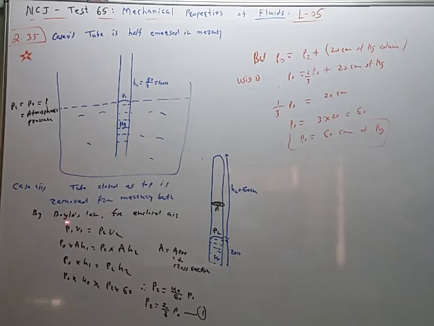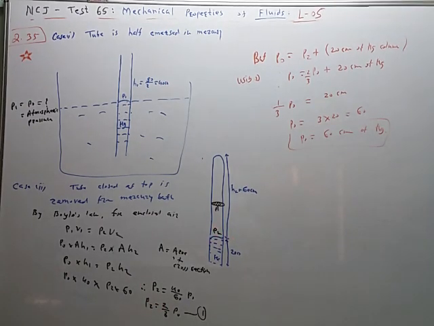Therefore, by Boyle's law, for enclosed air at constant temperature, P1 V1 is equal to P2 V2. Volume of the air column is given by area of the cylinder multiplied by height. Area will get cancelled, so P0 H1 is equal to P2 H2. H1 is equal to 40 centimeter, H2 is equal to 60 centimeter, so we get this relation.